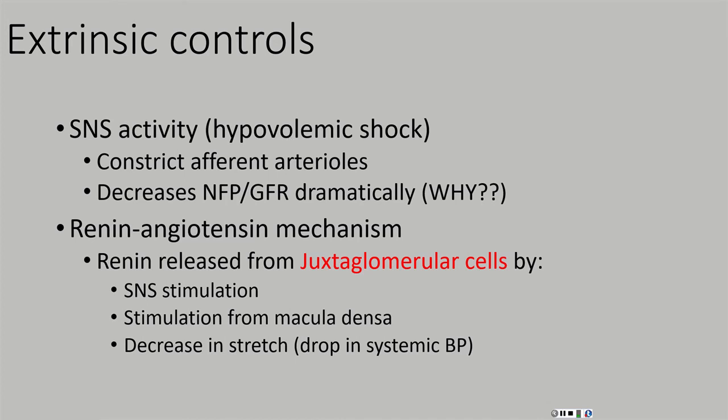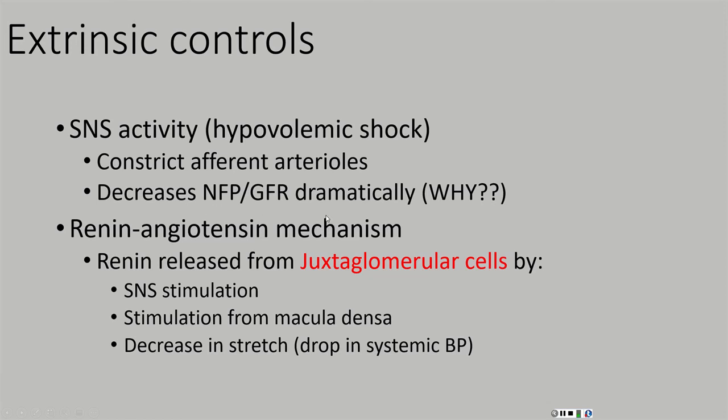If someone is hemorrhaging and they're losing a lot of blood, that activates their SNS. And your sympathetic nervous system responds, among other things, by constricting your afferent arteriole. It actually really constricts the afferent arterioles so that practically no blood gets into the glomerulus. This dramatically decreases the NFP and the GFR.